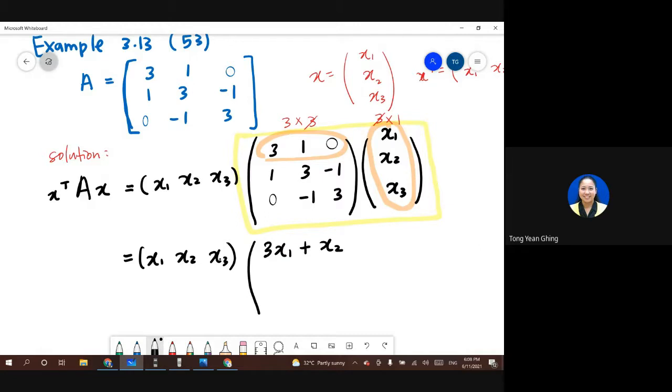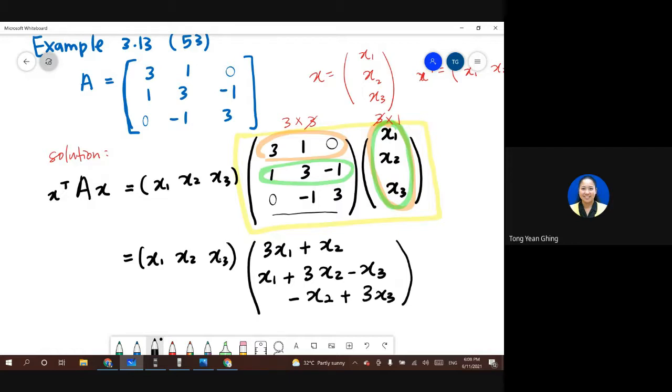And then the second row times this column becomes x1 plus 3x2 minus x3. And then the last row times the column becomes 0x1 plus negative 1 times x2, which is negative x2, plus 3x3.